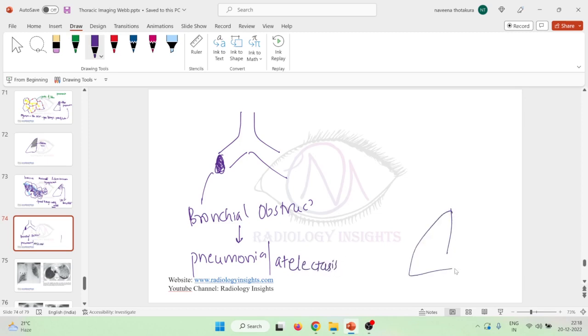Then also the whole lobe, because if the right bronchus is obstructed, the whole lung becomes whitened out or consolidated, right?